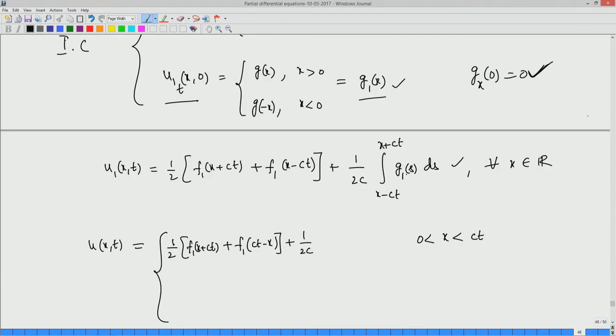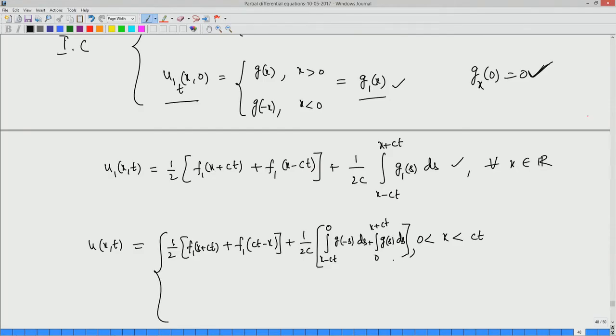When the integral of g1 goes from x minus ct to x plus ct, you split it into x minus ct to 0 and 0 to x plus ct. From x minus ct to 0, s is negative, so g1 of s should be g of minus s ds, plus the integral from 0 to x plus ct, where s is positive, so it is the same g of s ds, because g1 of s is g of s when s is positive.